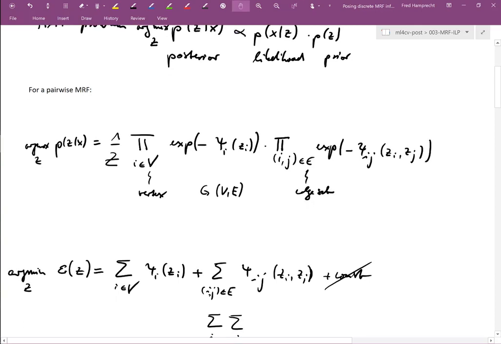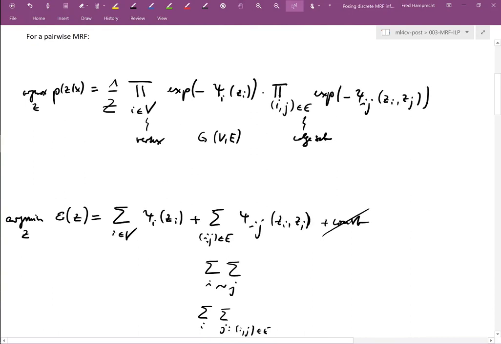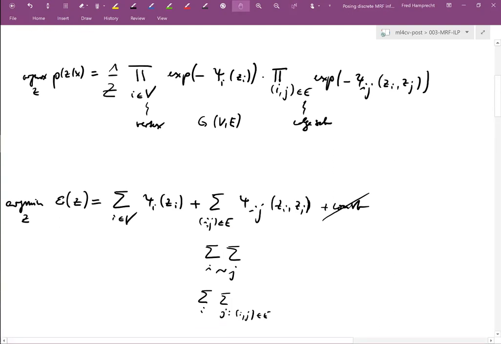We have a set V of vertices, or of random variables that we're interested in, and a set E of edges between these random variables, or a set of pairwise factors that we are summing over here. And what's so beautiful about finding the maximum a posteriori solution is that we don't care about this partition function here. This is a constant which we simply ignore.